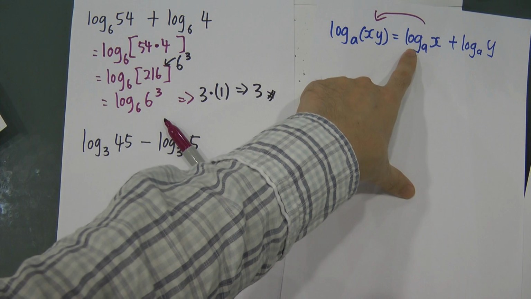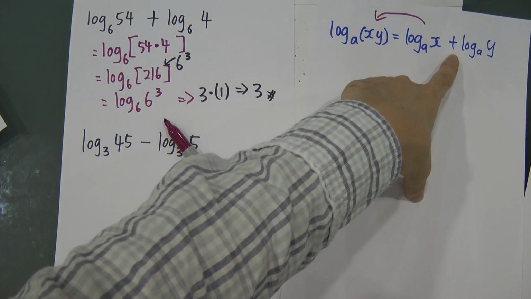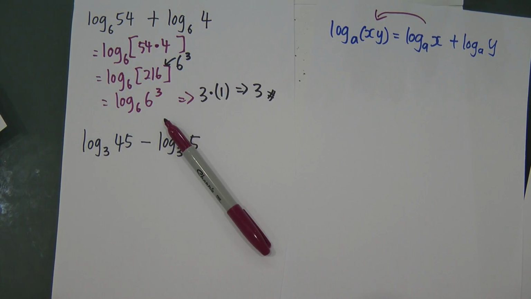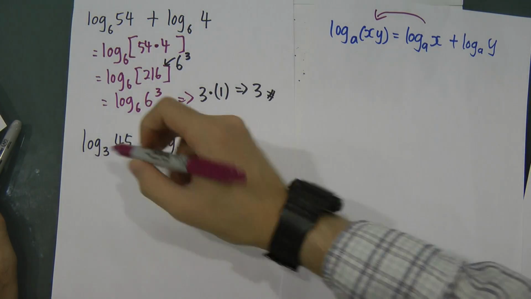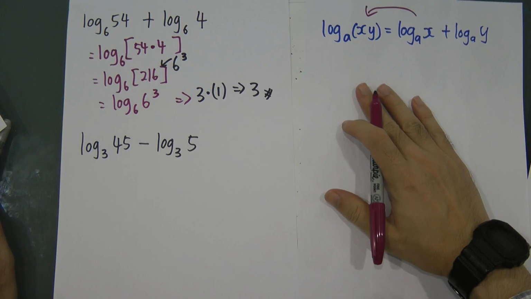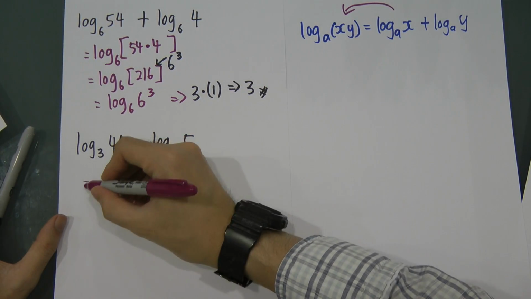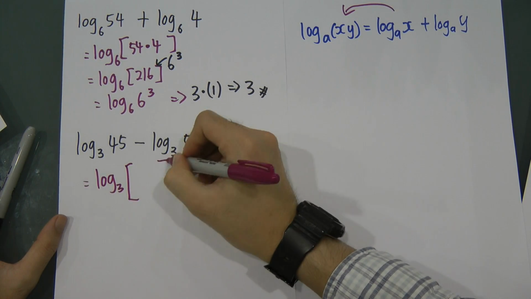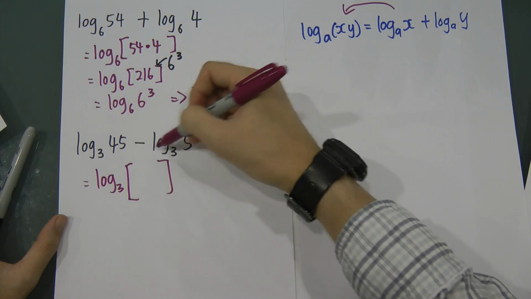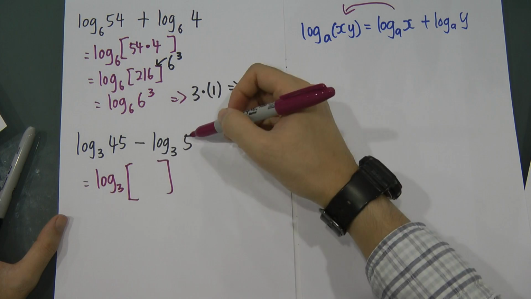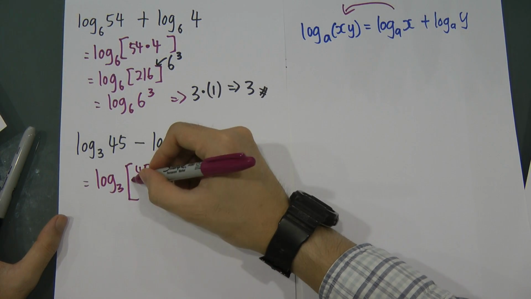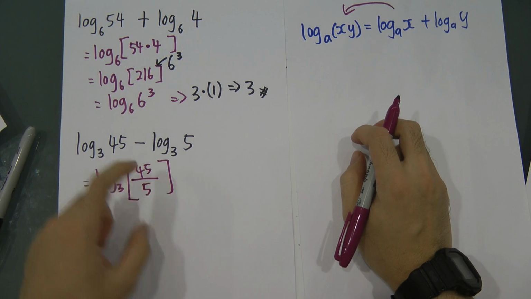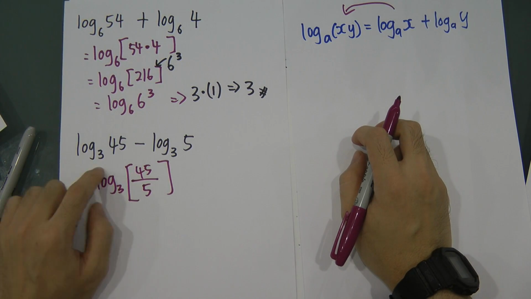You see, if I factorize out log a here, the plus over here will become multiply. Alright, so if I factorize out log 3 from this example, minus will become divide. So I will take out log 3 from both. I know that minus means divide. So 45 divided by 5, because minus means divide 5. You can try to expand this one, you get back exactly the same thing.